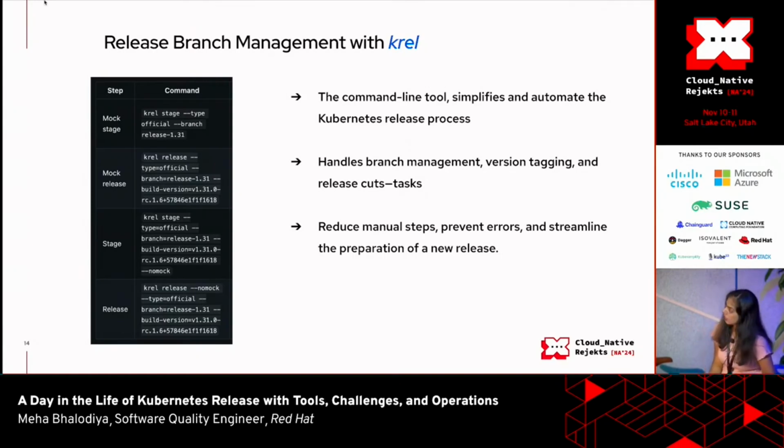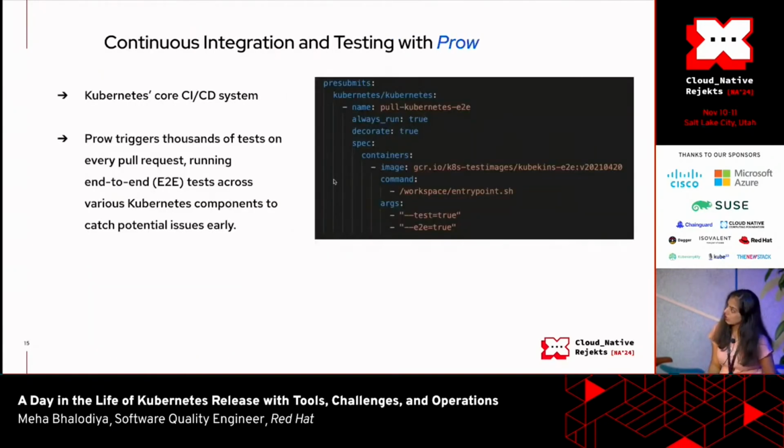Second is continuous integration and testing with Prow. So yes, as said, Kubernetes has a strong CI/CD system. With Kubernetes receiving constant contributions from developers around the globe, automated testing is critical to ensure that changes don't introduce bugs, which degrades the performance.